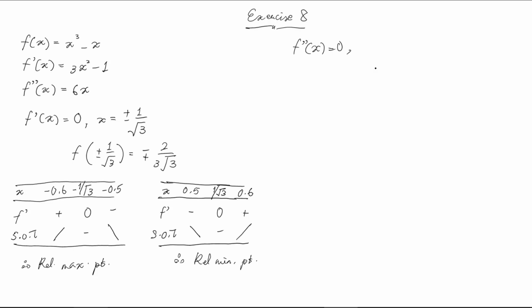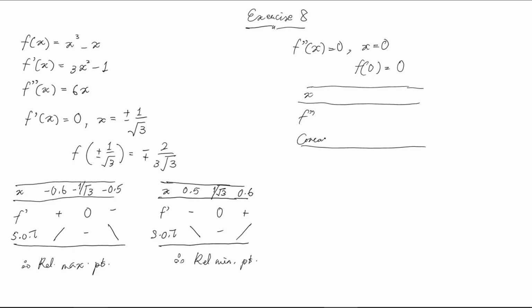Next one will be finding your inflection point. So f double prime x is equal to 0, and definitely your x is 0, and when you use x equal to 0 in your f, you will get 0, right? So draw the table of concavity. You can use x, f double prime, and then concave.